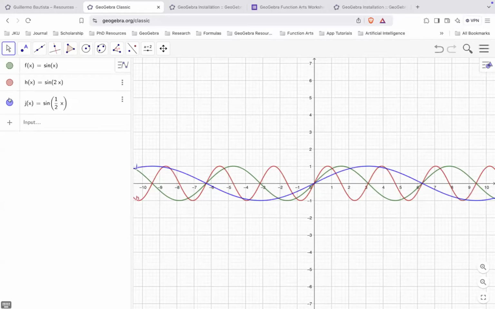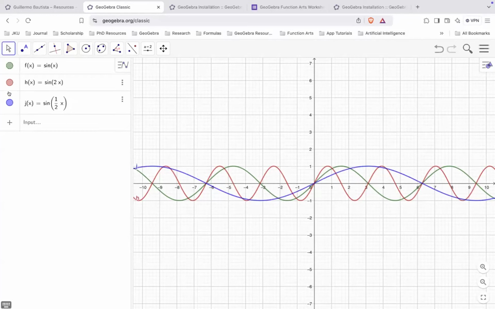However, if you multiply by a smaller number between 0 and 1, it becomes longer. It stretches horizontally. Okay, so that's the effect of multiplying the input by a number.